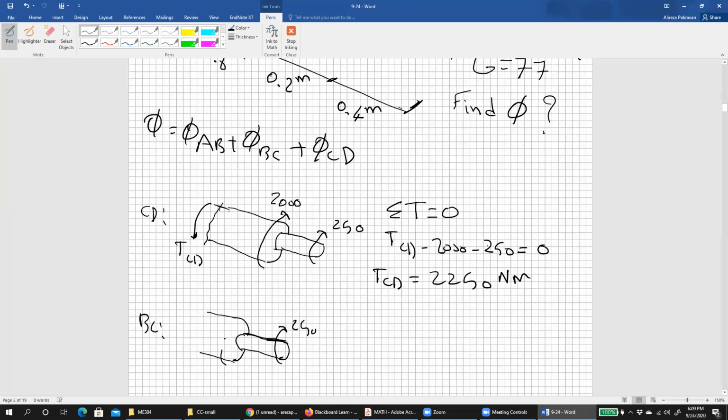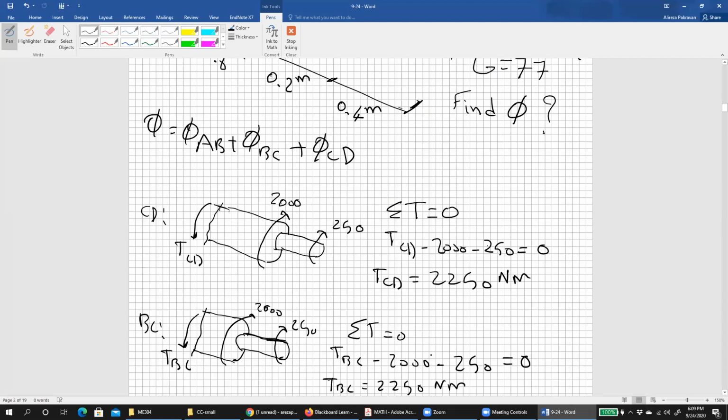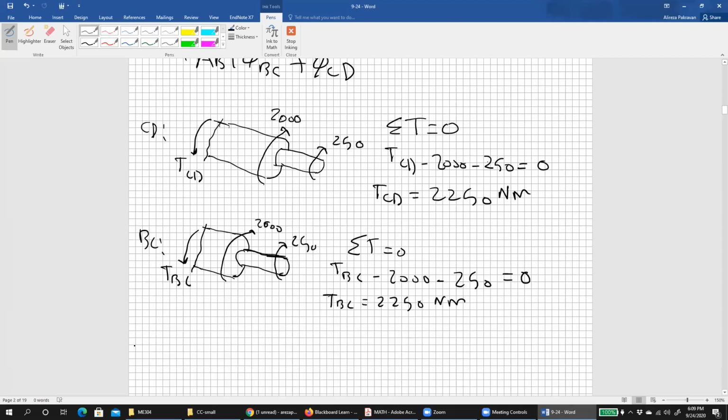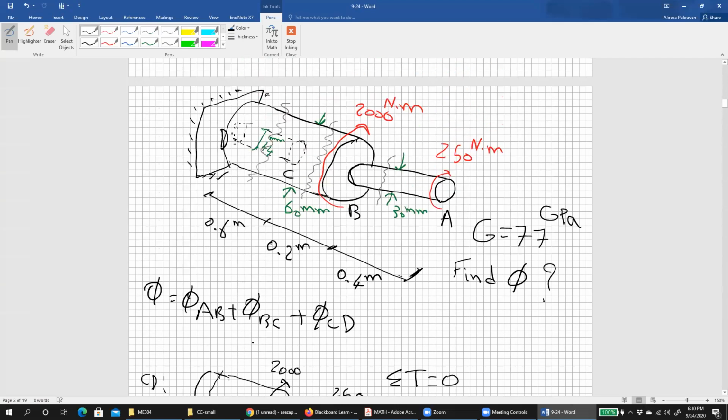250, and this is 2000. This section is also the same as this one. TBC. Summation of torque is 0. It would be TBC minus 2000 minus 250 is 0. TBC would be 250 Newton meters, right? Professor, the reason we did an extra segment like C is because there's the hollow portion.